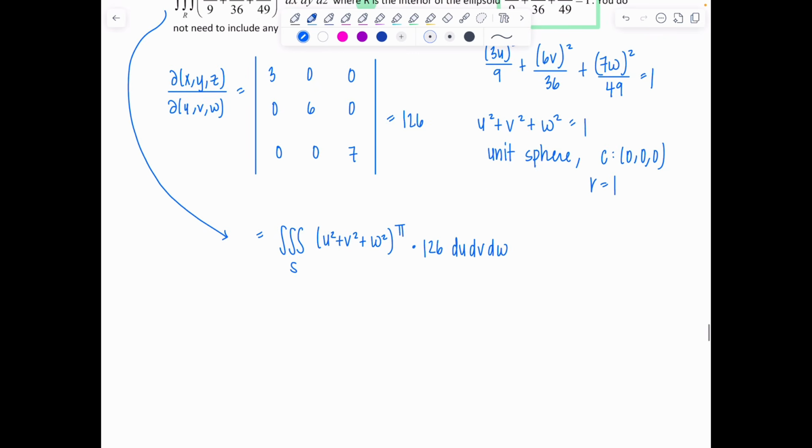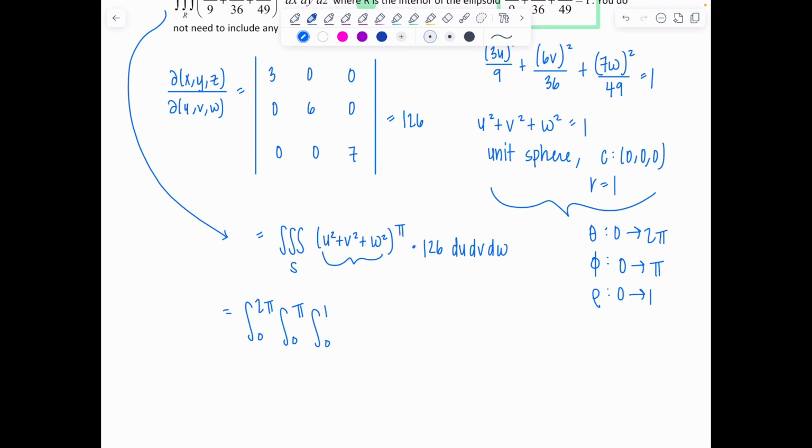If I need the entire unit sphere, theta is going to go from 0 to 2 pi, phi 0 to pi, rho 0 to 1. So here we go. u squared plus v squared plus w squared would be rho squared to the pi. I have 126 still. And then in spherical, that becomes rho squared sine phi d rho d phi d theta.